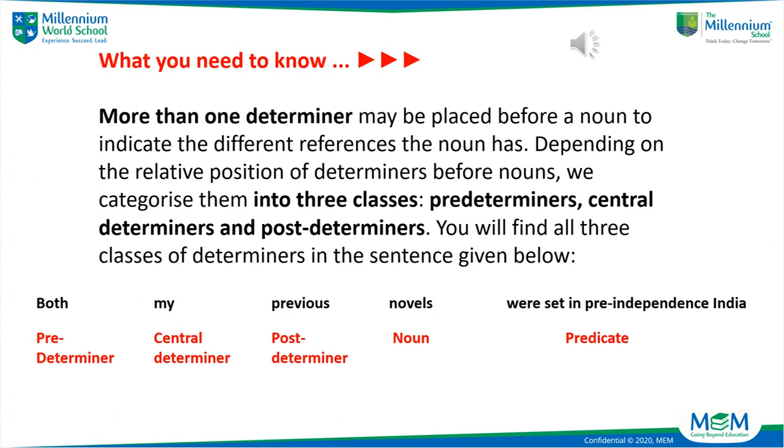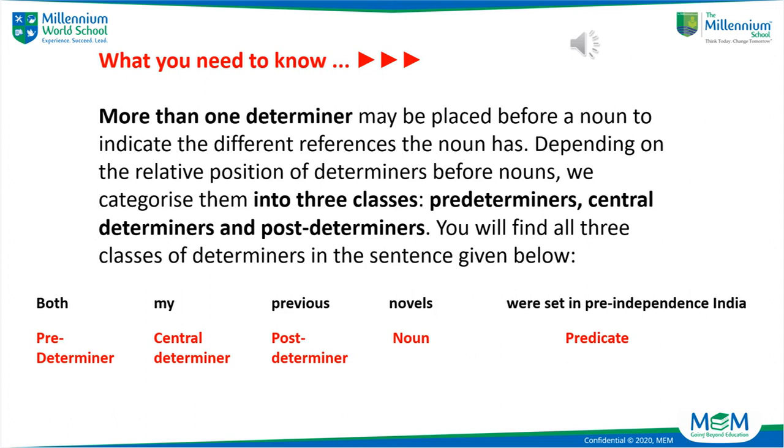Here, both is a predeterminer, my is a central determiner, previous is a post-determiner, and all three qualify the noun novels. Were set in pre-independence India is the predicate of the whole sentence. You all know that a sentence can be divided into subject and predicate.